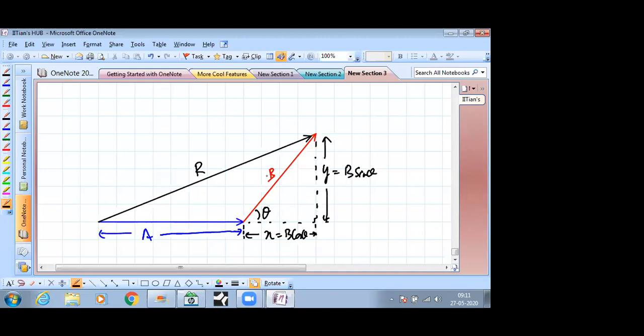Okay. Now I'm talking about the larger right angle triangle. So if you look at the larger right angle triangle, I'm just drawing it aside over there. This is R, this is Y, and this is A plus X, this whole base.